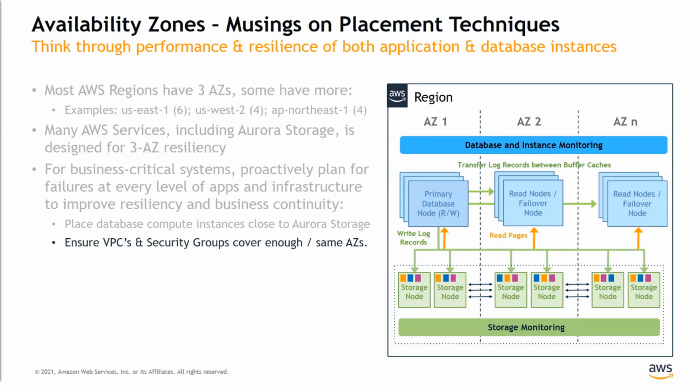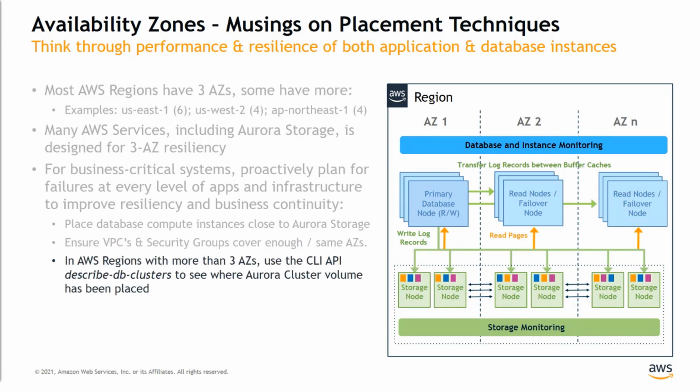We saw issues in the past where an AZ goes down, but we couldn't allocate a new instance there because their VPC didn't include that other AZ, right? So make sure you think about having 3 AZ connectivity in your VPCs and security groups.